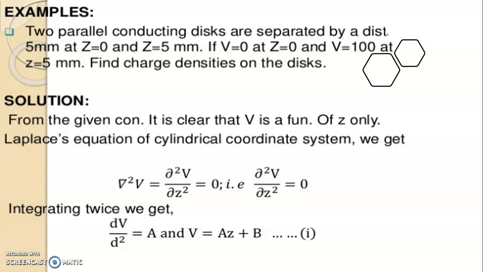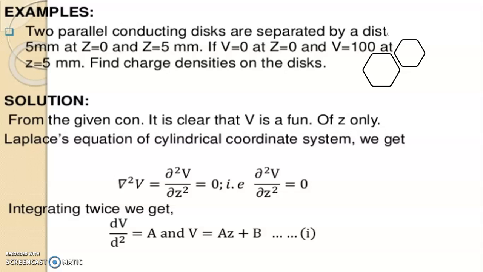Now in this question, they have given discs. That means this is a problem of cylindrical coordinates. Instead of discs, if plates were mentioned, it would be a problem of the Cartesian system. Since discs are mentioned here, it will be a problem of a cylinder.